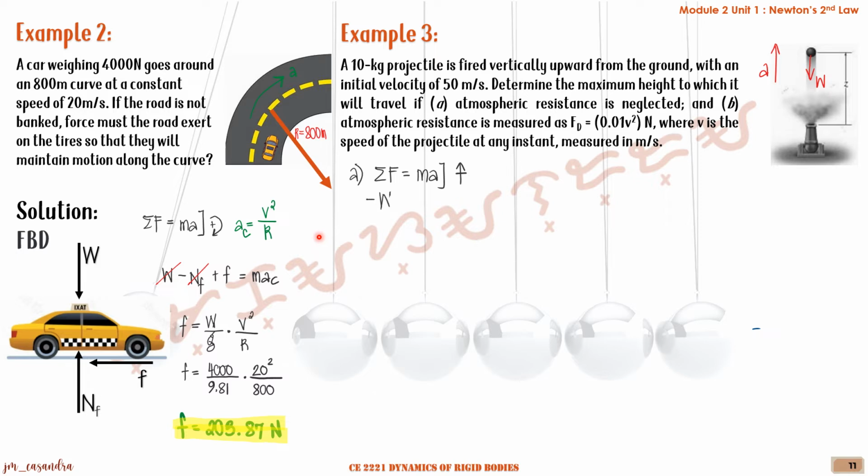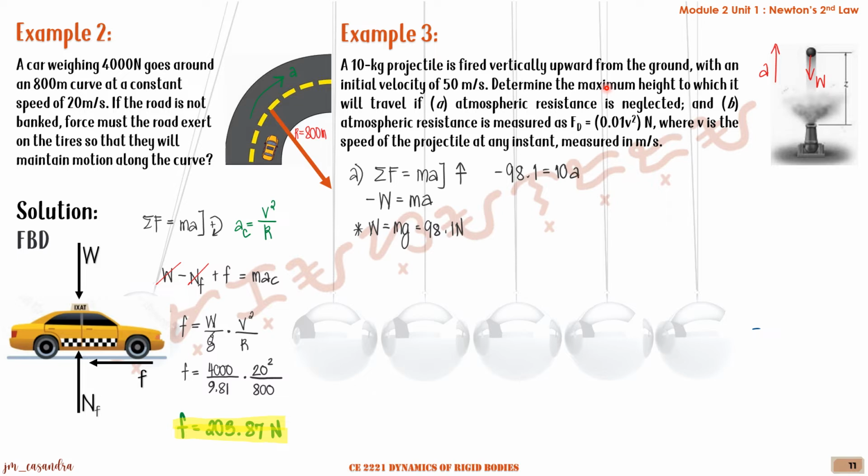Writing our equation, we have negative W equal to M times A. We know that weight is computed as mass times g, which will give us a value of 98.1 newtons. Substituting the weight in our equation, we arrive at negative 98.1 equal to 10 times A.